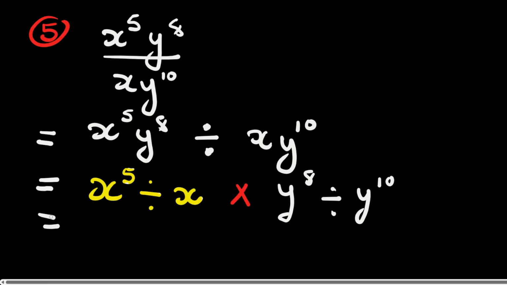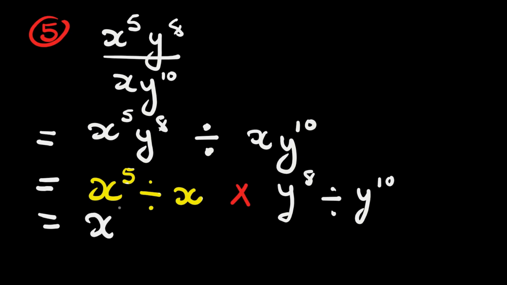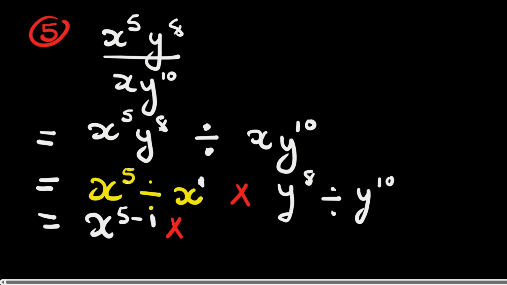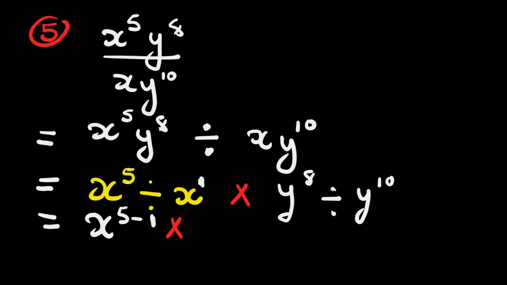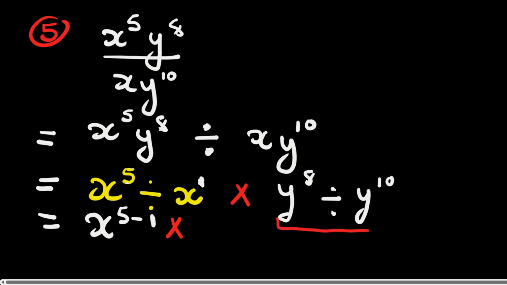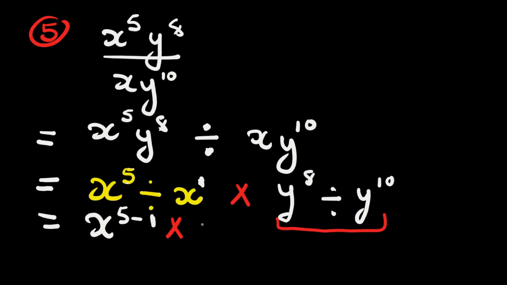We divide the same bases, so we subtract their exponents. So it's x, 5 minus 1, then this is still multiplied by y. Also the second part is law number 2. Then y is the base, then it's 8 minus 10.